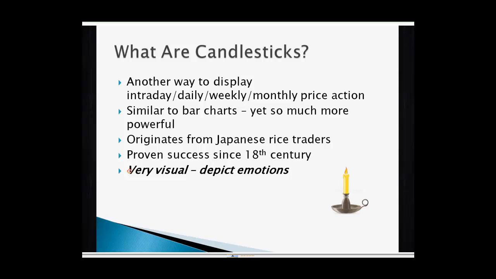It's very visual, the entire process of depicting emotions. That's the beauty of candlesticks. I think something like 60% of people are right-brained, and they learn visually, so it really helps most people to have this sort of tool.